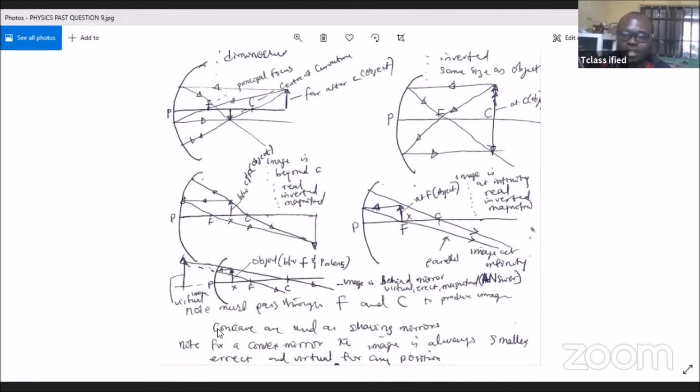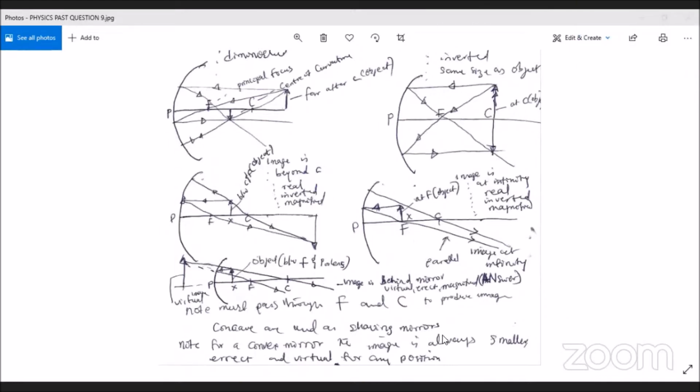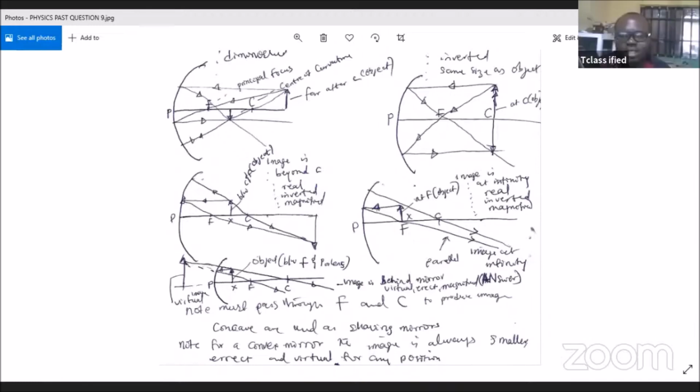Another thing you need to know is that a concave mirror can be used as a shaving mirror. So that's the application. Let's move forward.